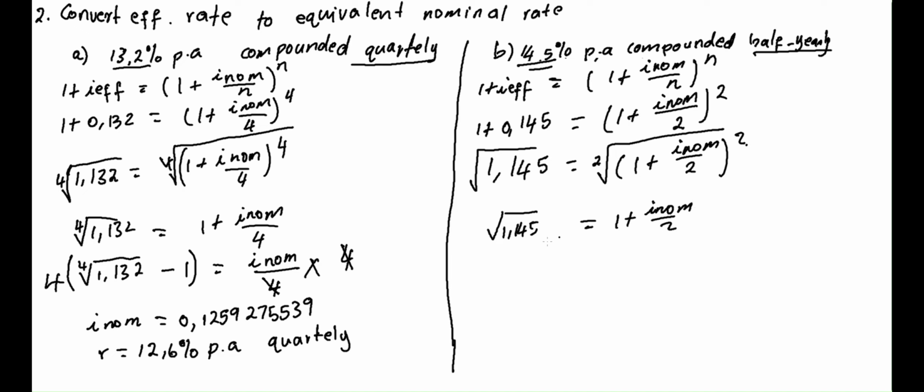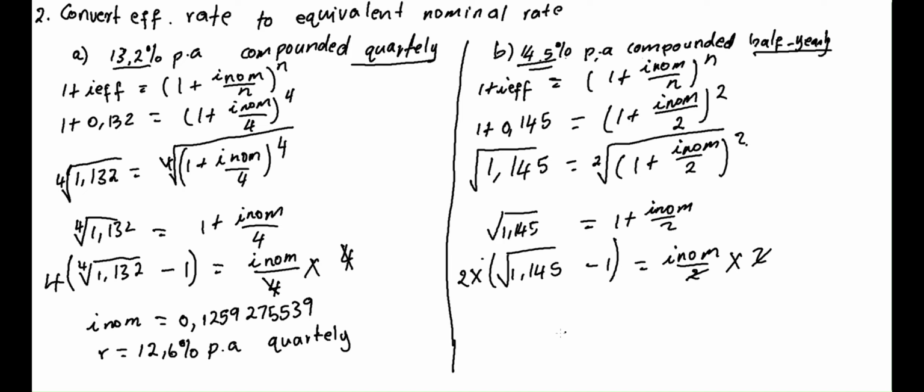transpose that 1. We are going to be left with our nominal rate divided by the compounding period, which is 2. So we are going to multiply by 2 both sides, since we are trying to remove this denominator here.